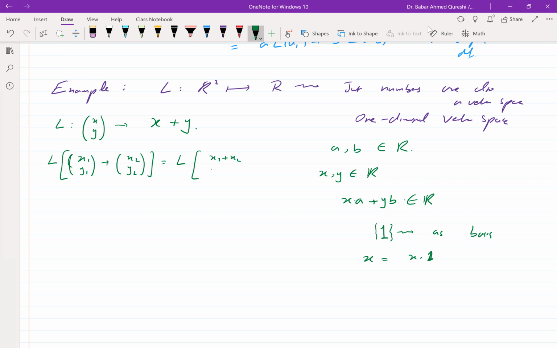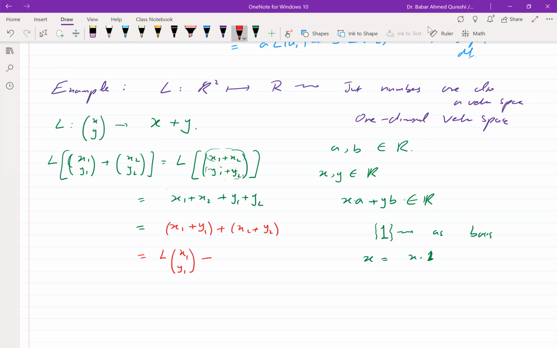So this gives me this. And now the rule says you just add the two components. This is my vector, this is my first component, this is my second component. So I just add them. But here I can collect them like this. And this I know would be the same if I had applied this linear transformation.